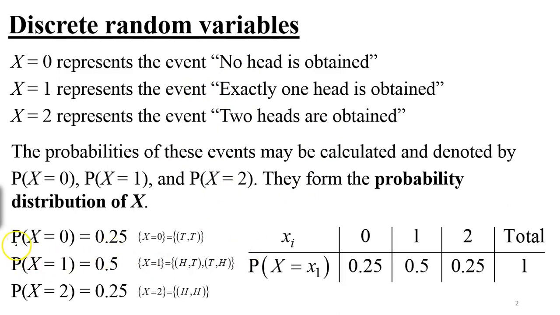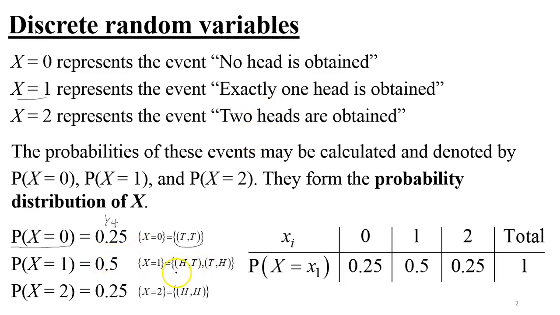If you look down here, the probability of having X equals 0 is in fact 0.25, or 1 out of 4, because out of the possible outcomes of the sample space, only the outcome with 2 tails can give you no heads. Similarly, X equal to 1 represents the event exactly 1 head is obtained.